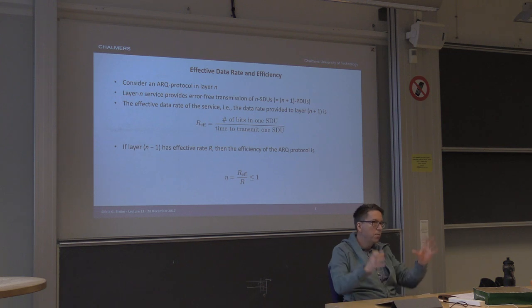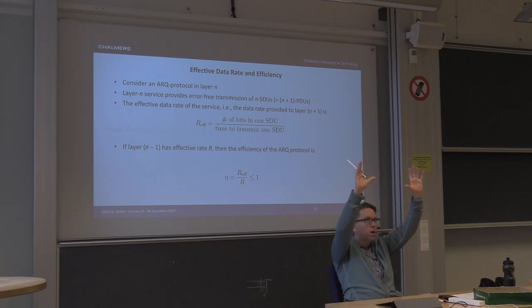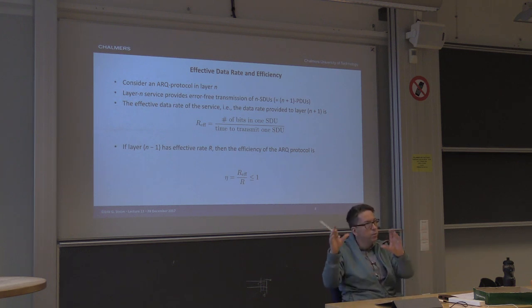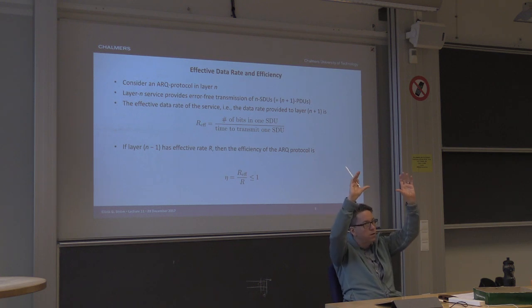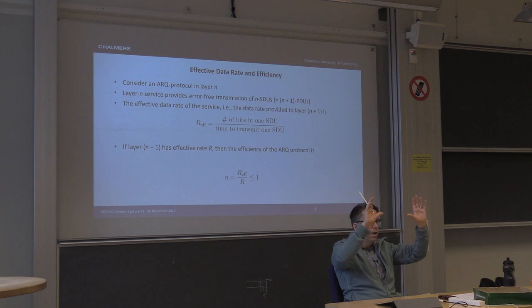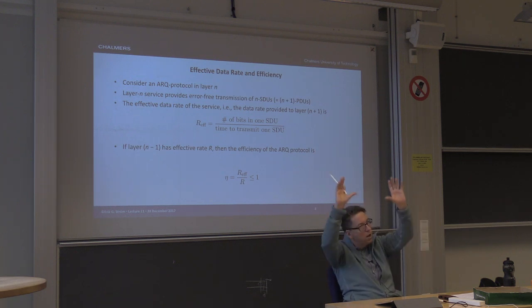And by transmitting, I mean all the time it takes from when I receive it, format it, transmit it, maybe retransmissions and so forth, until the time it's actually delivered up at the receiving end. So it's the time from where I get it from above at the transmitter until it's delivered up at the receiving end.